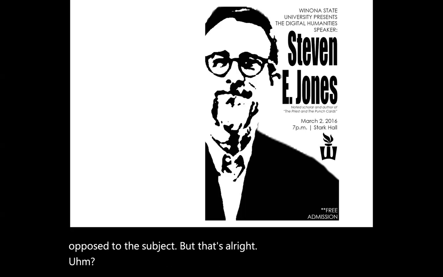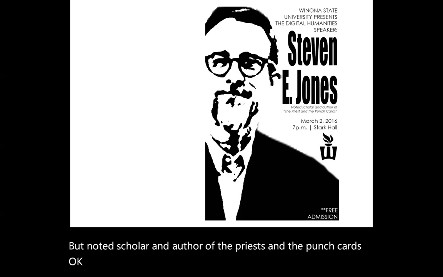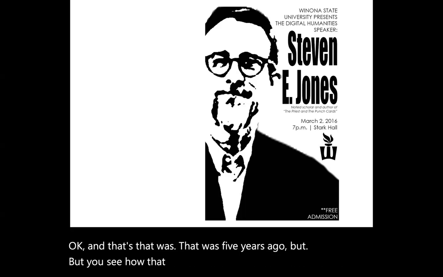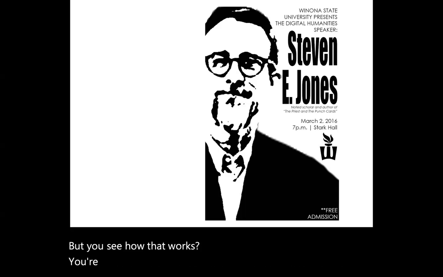But noted scholar and author of Priest in the Punch Cards. That was five years ago. Do you see how that works? You're going from the most important to the least important thing.